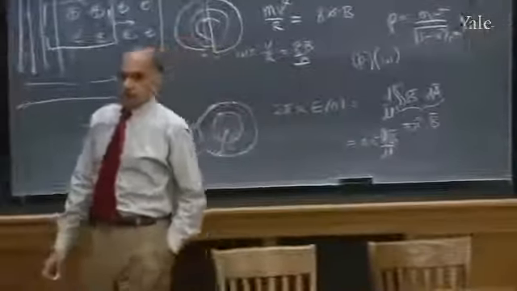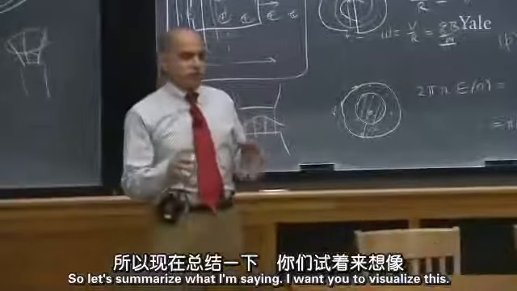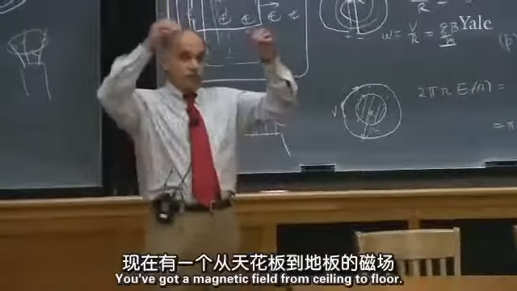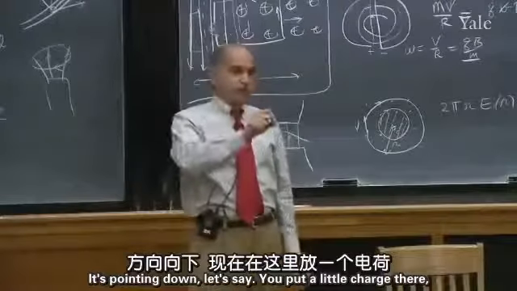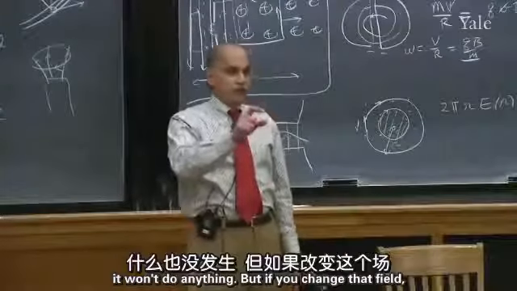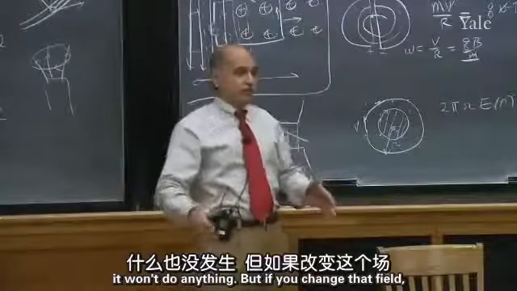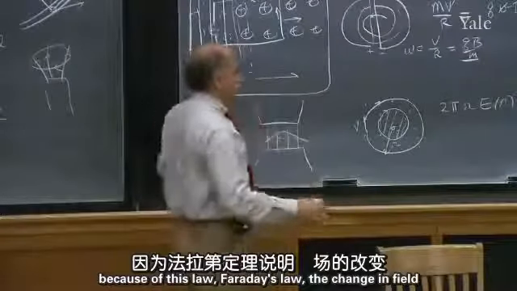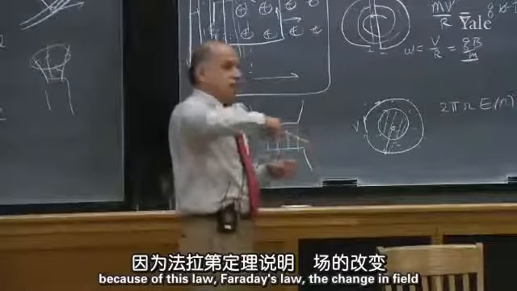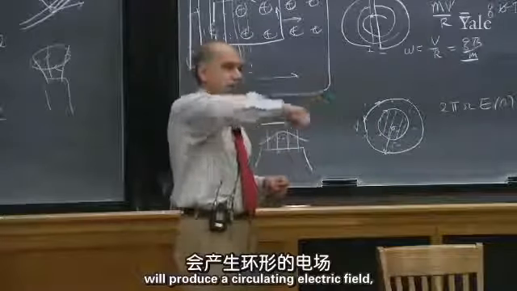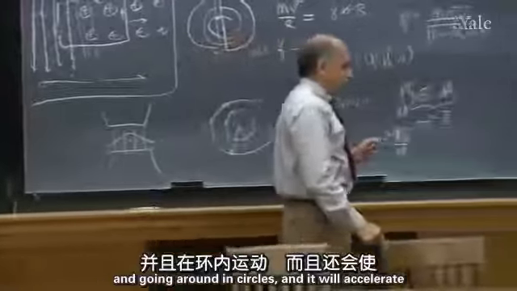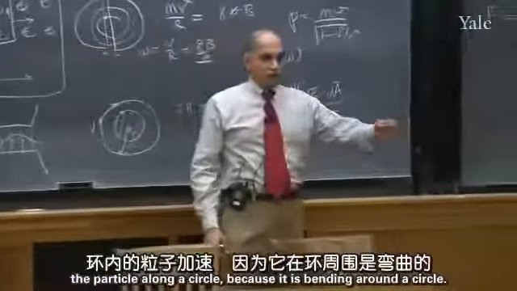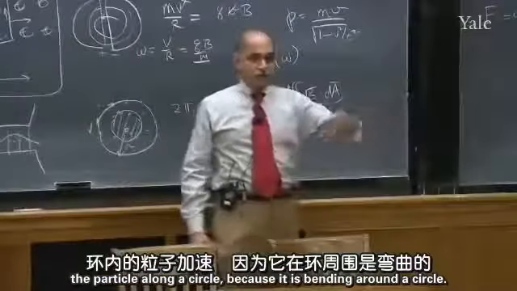So let's summarize what I'm saying. I want you to visualize this. You got magnetic field from ceiling to floor. Okay, it's pointing down, let's say. You put a little charge there, it won't do anything. But if you change that field, because of Faraday's law, the change in field will produce a circulating electric field that circles the changing magnetic flux, and it'll accelerate the particle along a circle because it's bending around the circle.